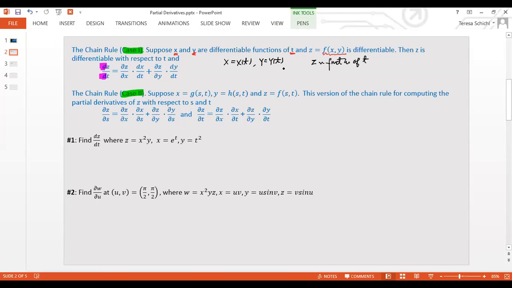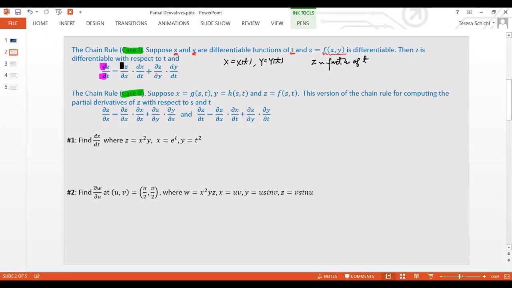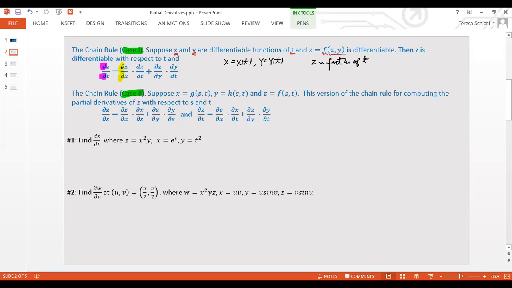Because both x and y are functions of t, we use the partial derivative concept, so I use the rho symbol. It's equal to the partial derivative of z with respect to x, times dx/dt, because x is only a function of t.